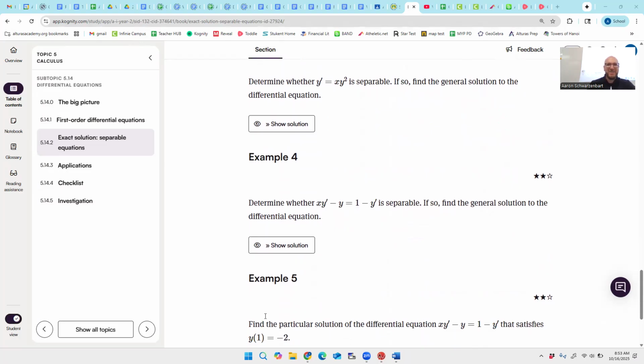This one. Let's see. What do you guys think? I can multiply by dx, right? The question is, can I bring my y over?